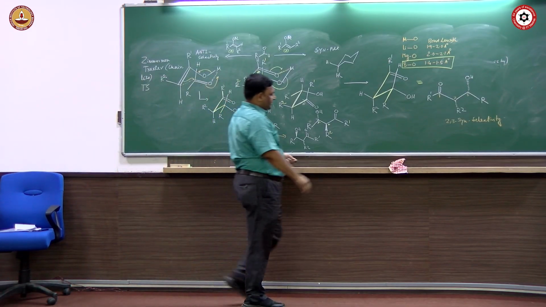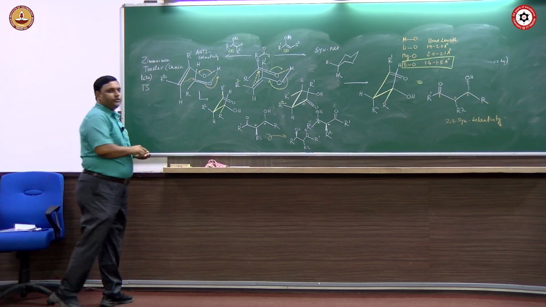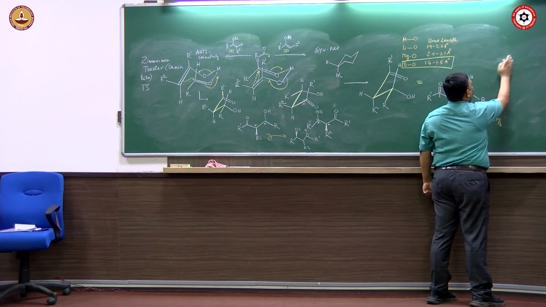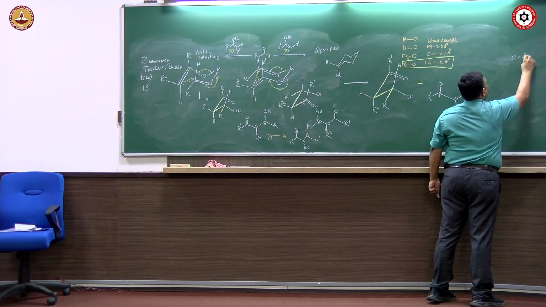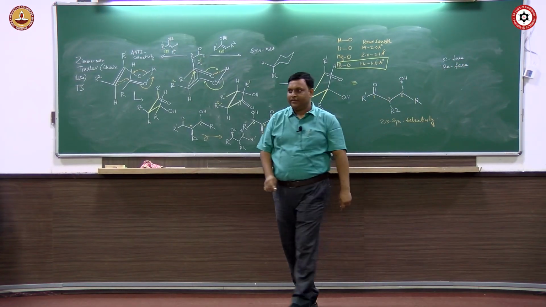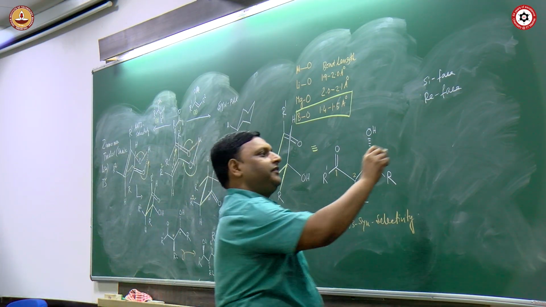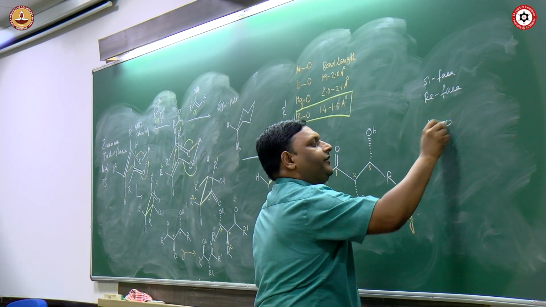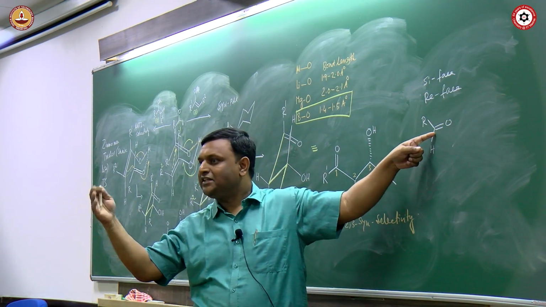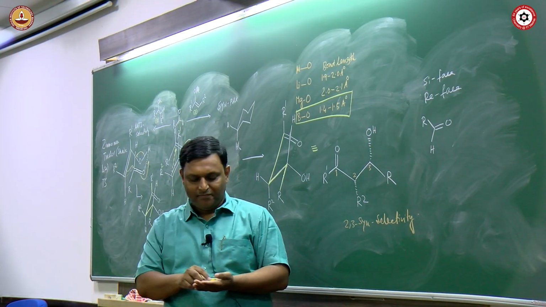Now one more important thing. I think you already have a stereochemistry class on the Si face and the Re face. If I draw an aldehyde, with hydrogen and R, is the front side a Re face or Si face?